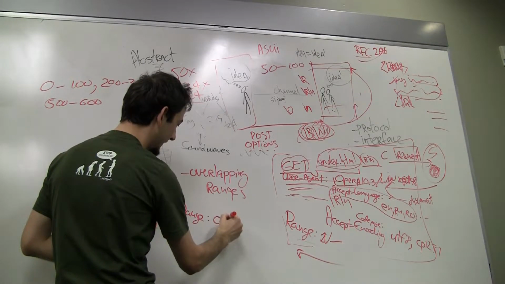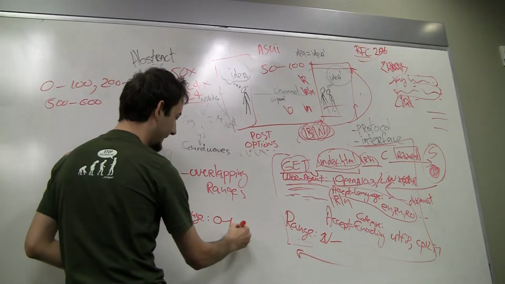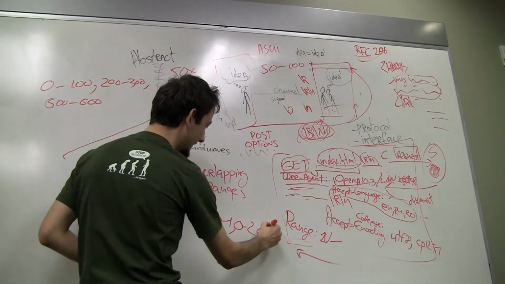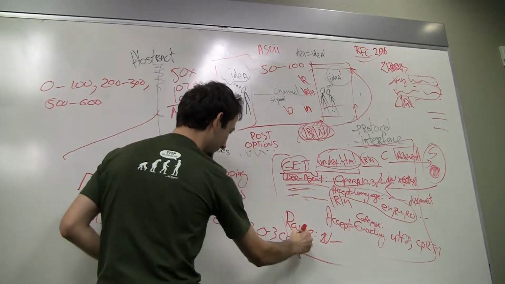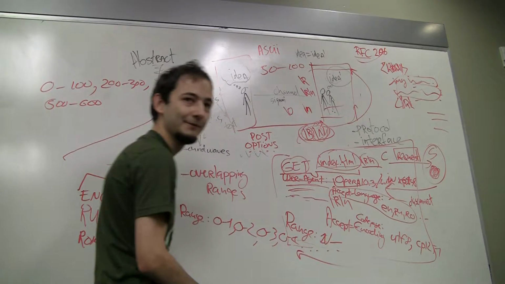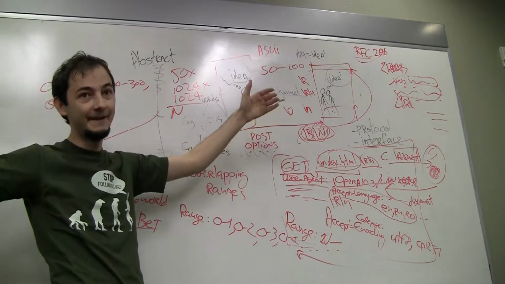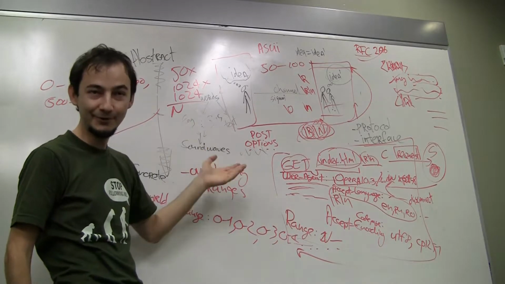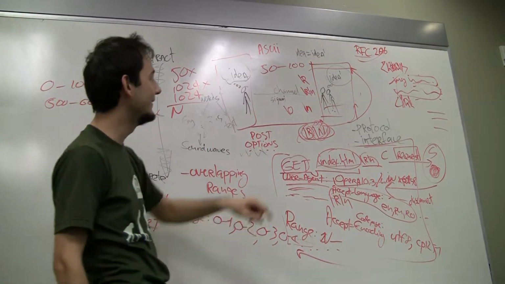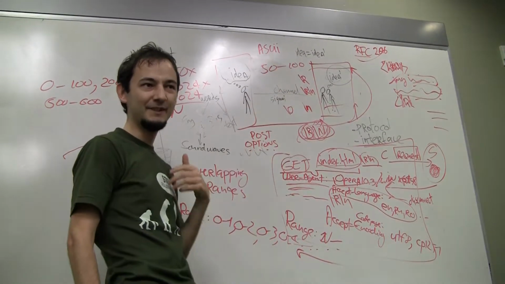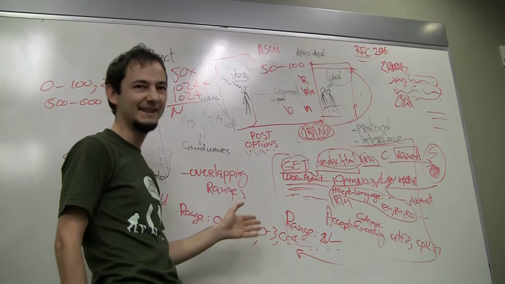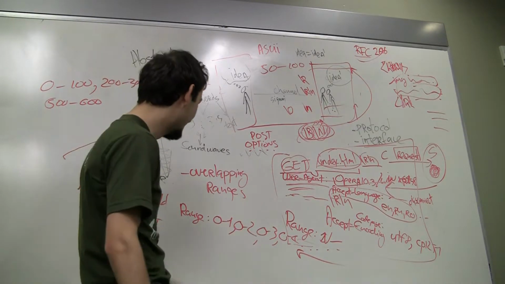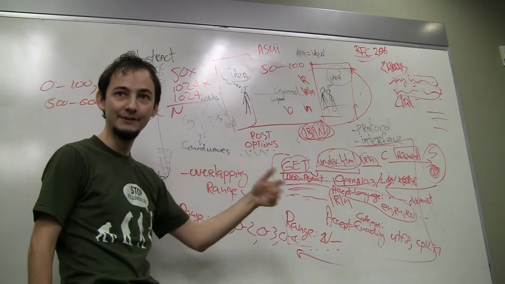Range colon, give me bytes 0 to 1, then 0 to 2, then 0 to 3, then 0 to 4, and so on. So they make a very, very long string, but it's legal according to the rules of the protocol. Because at the time they wrote that protocol, they wouldn't expect that people would do this kind of abuse. But somebody thought, hey, let's try to push this to the limit.